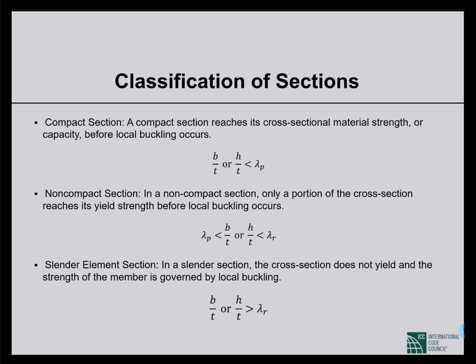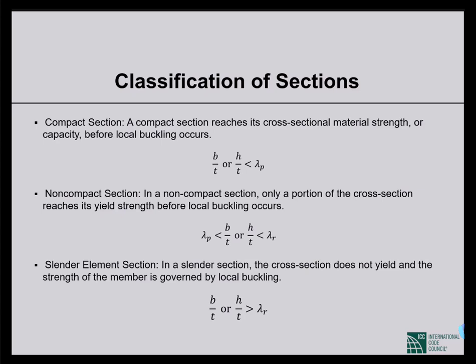Non-compact section: the whole section will not yield first, but some part of the section will experience yielding. In these types of sections, there will be some locations where the fiber stresses will reach sigma y, the yield stress.